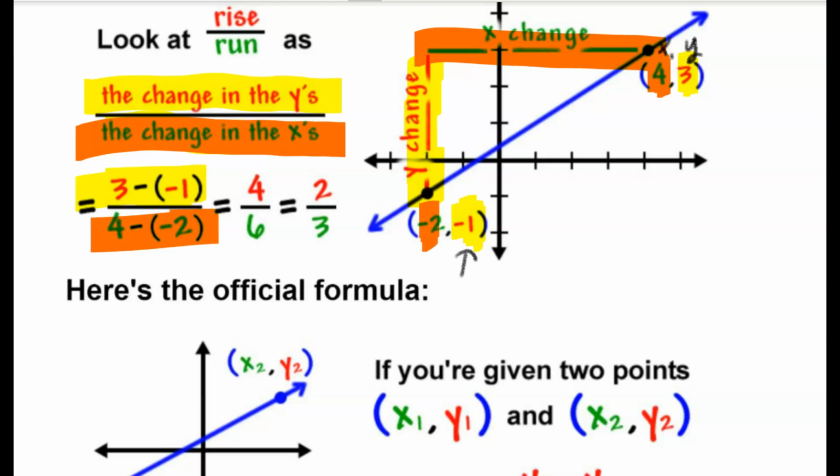Notice that these numbers both come from here. You don't switch. Your y's, the yellow, go on the top, the orange go on the bottom. If this is your first point, then you use your 3 from your first point and your 4 from your first point.